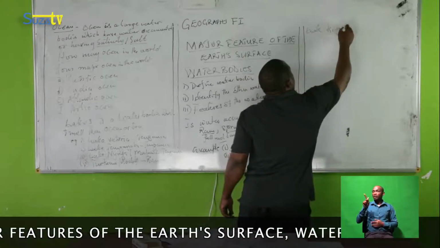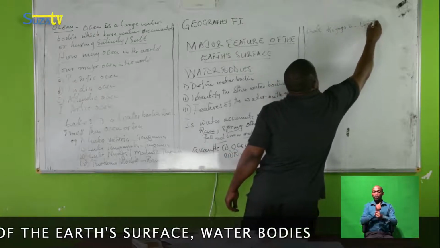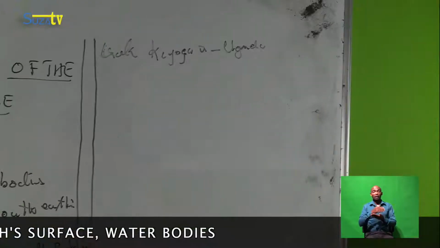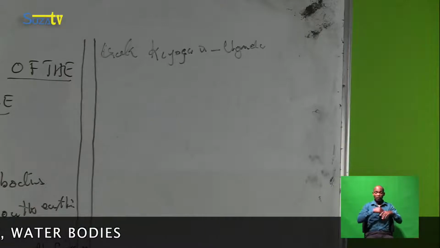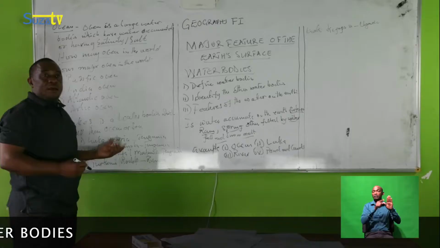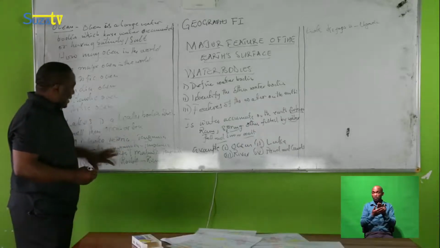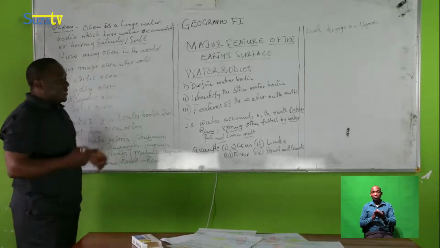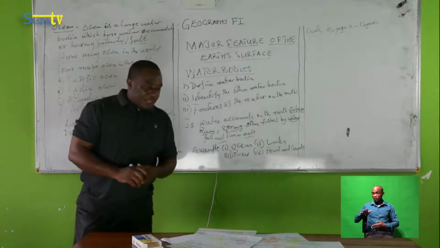Kyoga is available in Uganda. So these are some examples of lakes which are available in East Africa. When we say East Africa, we count 5 countries, now it's 6 countries, but these are the major lakes available in East Africa. But there are many lakes available in the world.